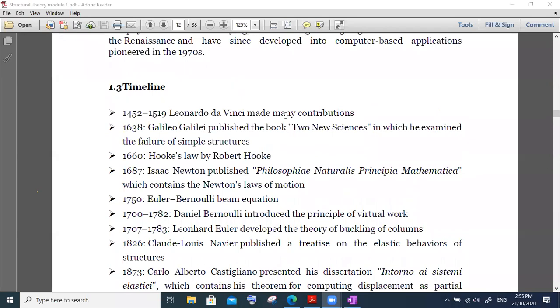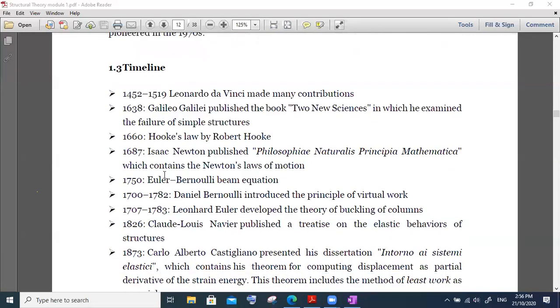In 1638, Galileo Galilei, when you hear his name, the first thing you think of is the telescope, the moon. He published the book Two New Sciences, in which he examined the failure of simple structures. In 1660, Hooke's law was developed by Robert Hooke.